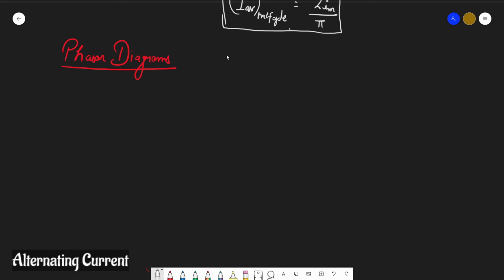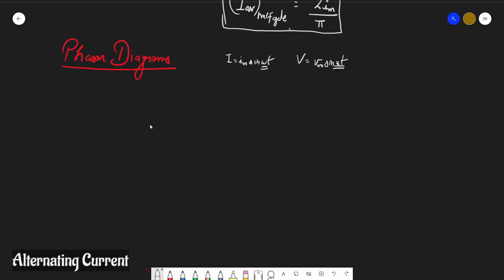The expression for current was Im sin omega t, and for V it was Vm sin omega t. There was no phase difference, both the phase angles were the same with respect to time. But a phasor diagram gives you a very good indication of how the phase difference is varying.